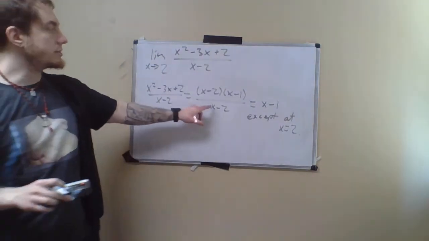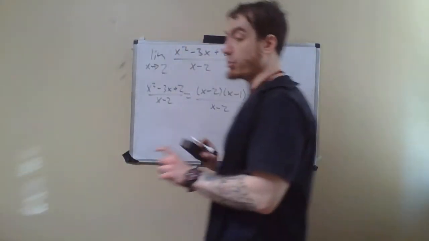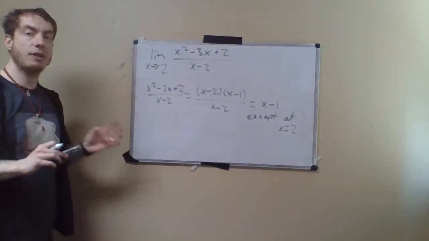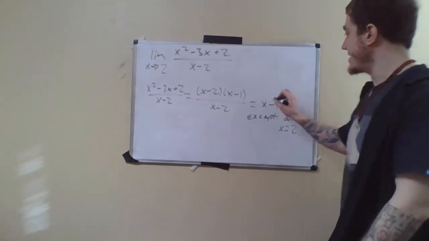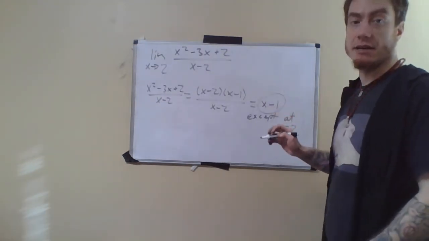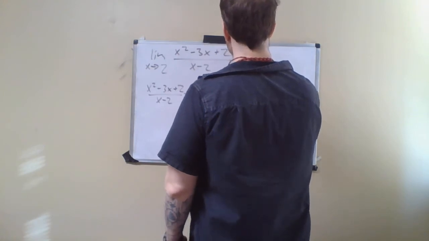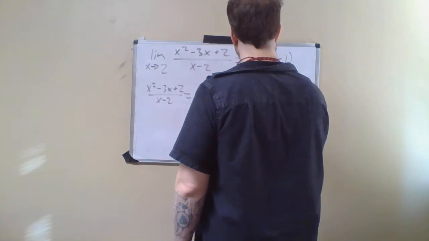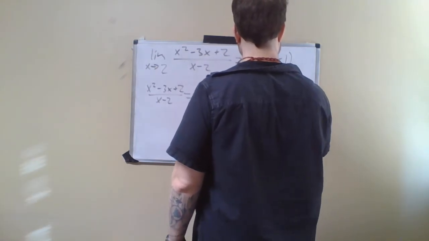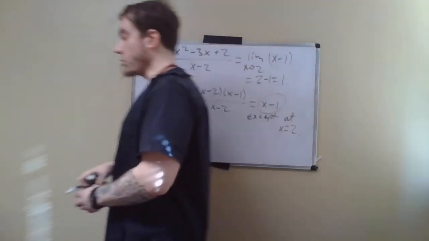But as long as two functions are identical except at one specific point, I am allowed to work with whichever one is more convenient. And this one is more convenient. So what I can say is this must be equal to the limit as x approaches 2 of x minus 1. Well, that's just going to be 2 minus 1, which is equal to 1. And there we go. We're done.